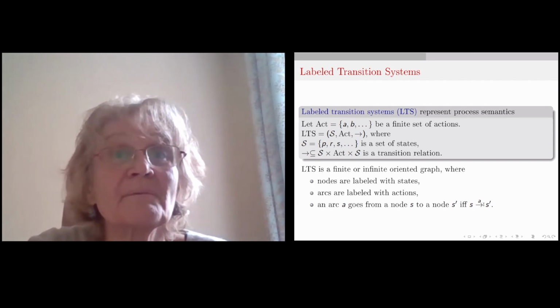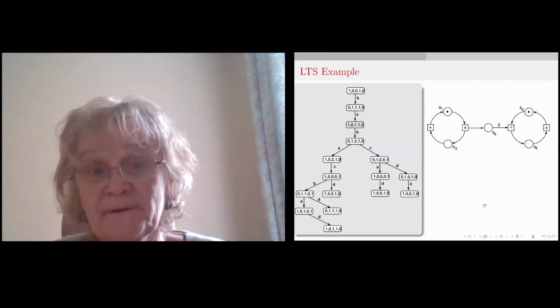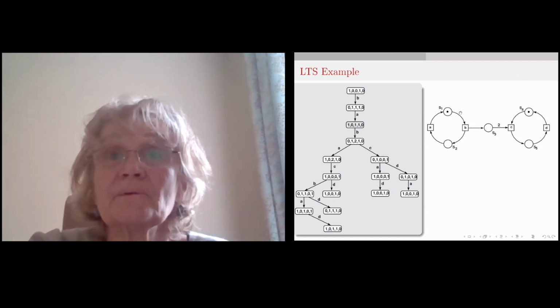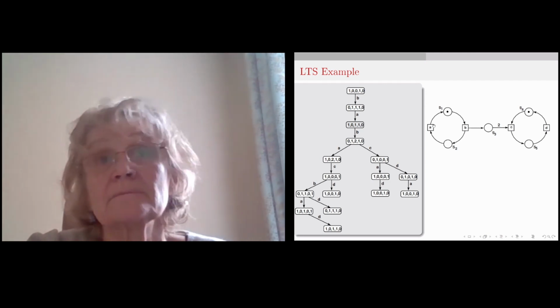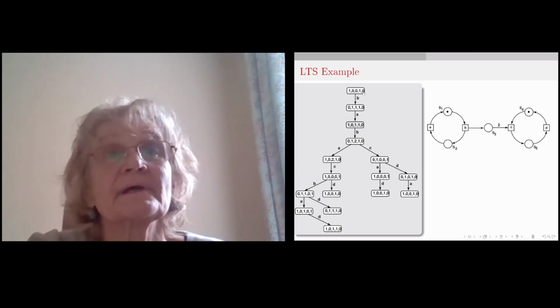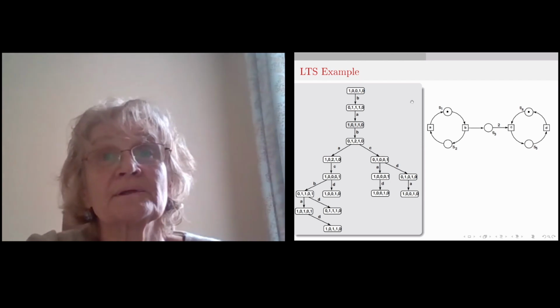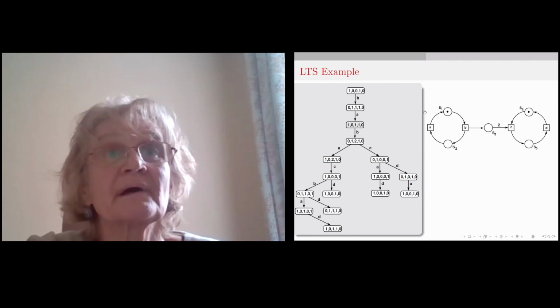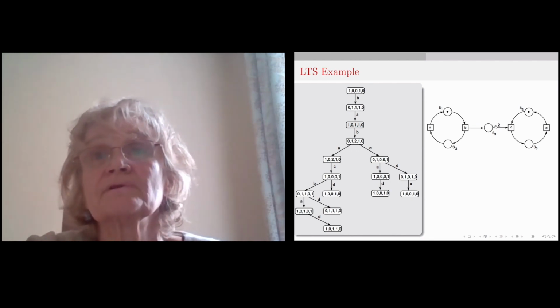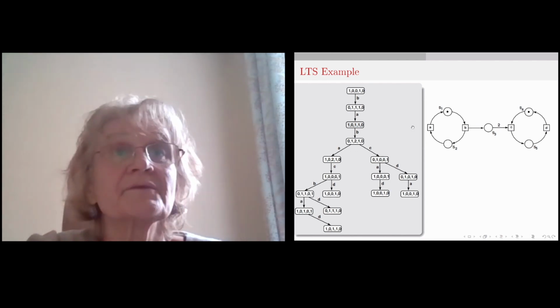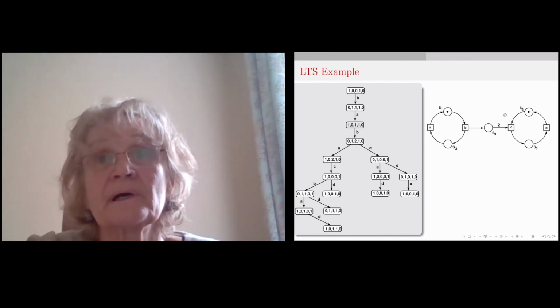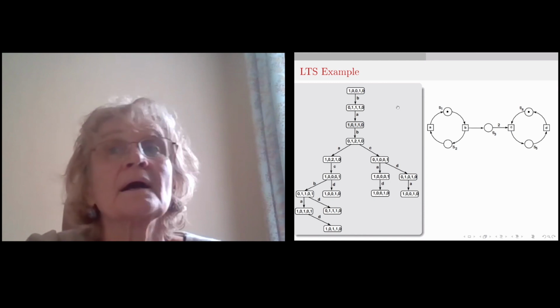I'll give an example for Petri nets to explain what happens. Here we have our Petri net, and we encode markings as vectors. This means one token in the first place, no tokens in the second, and so on. There are 1, 2, 3, 4, 5 places. The initial state is one token in S1 and one in S4.